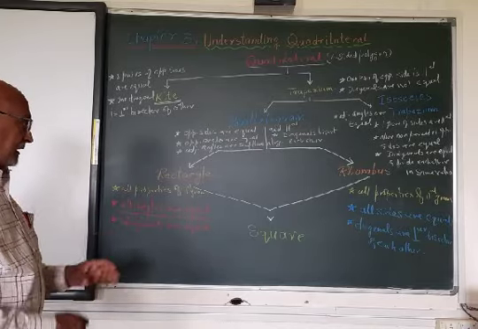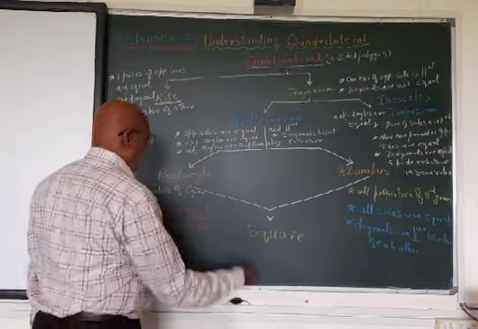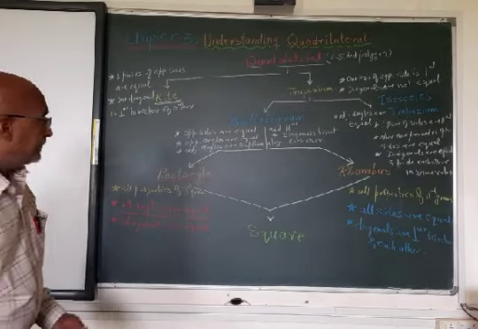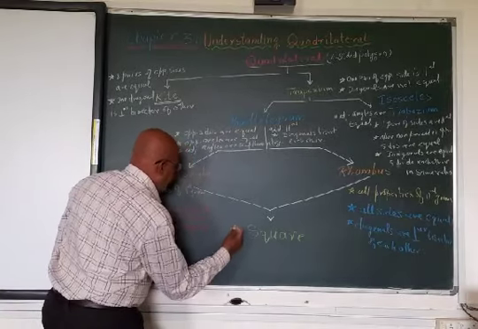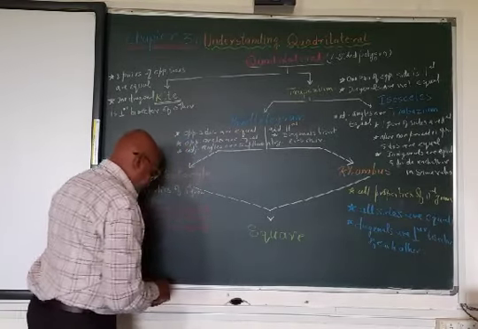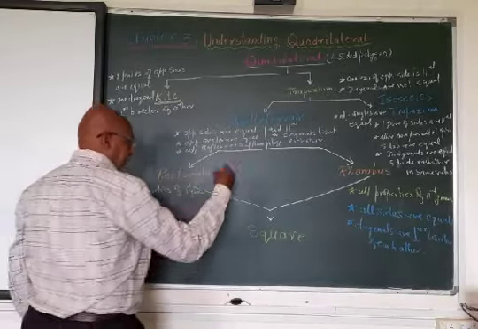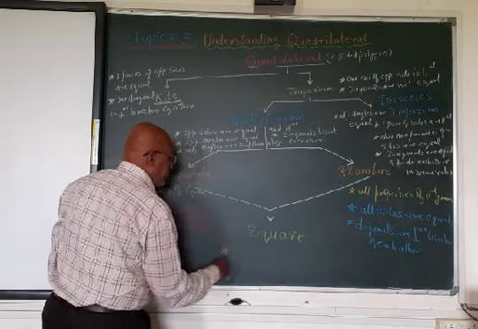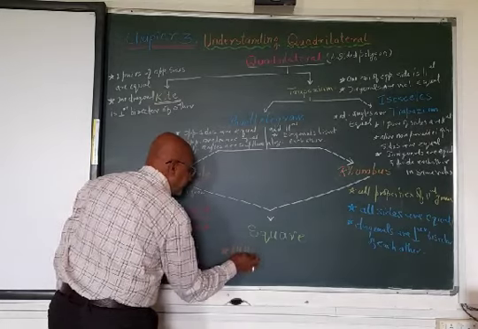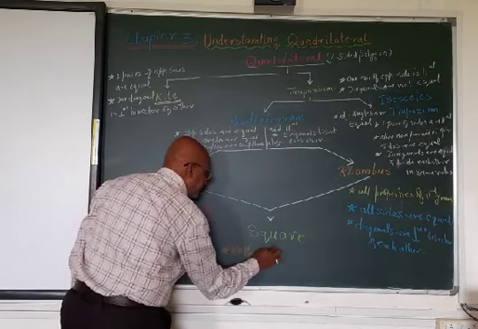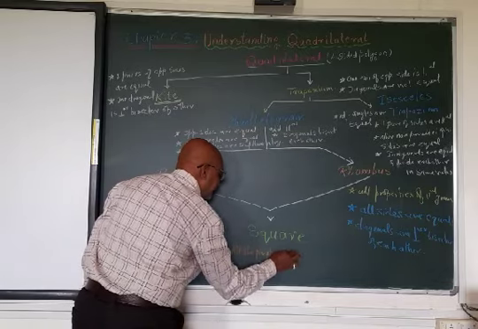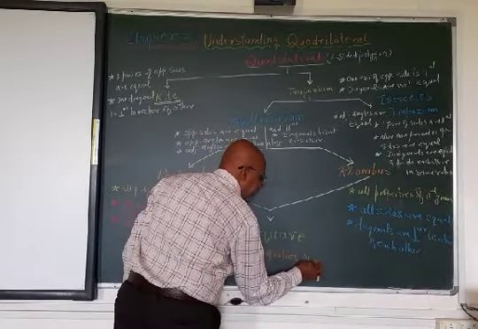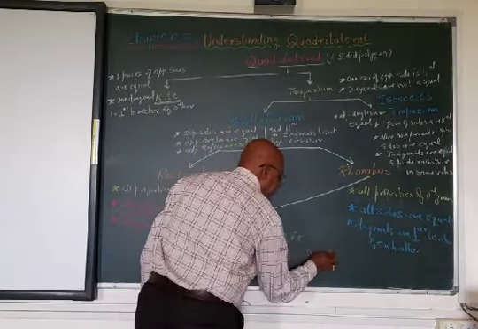And last is the square. Here I can write the property as: the common property is all the properties of parallelogram.